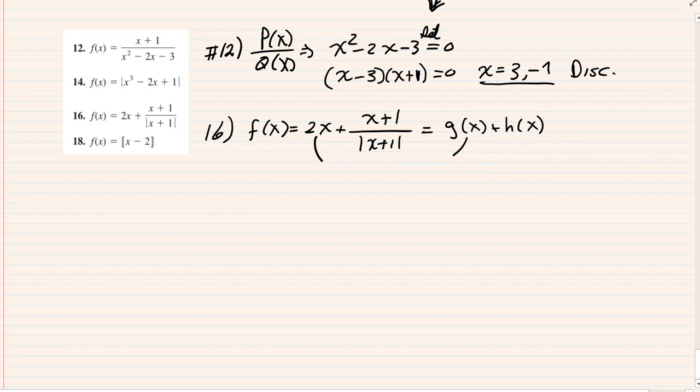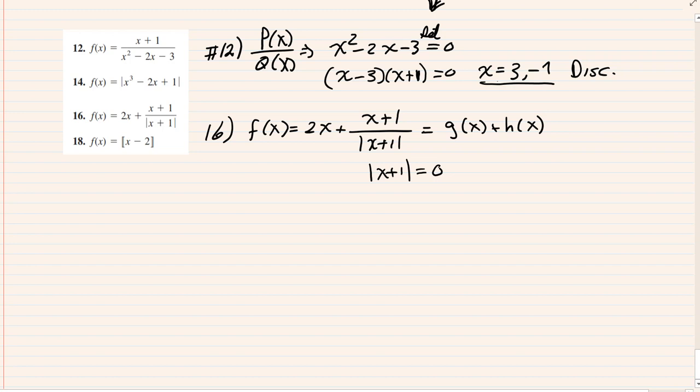So we got sum of two continuous functions, which becomes continuous. So 2x is continuous. So I'm just going to look at the second function. The only way the second function is undefined is if we set absolute value of x plus 1 equal to 0, right, in number 16.